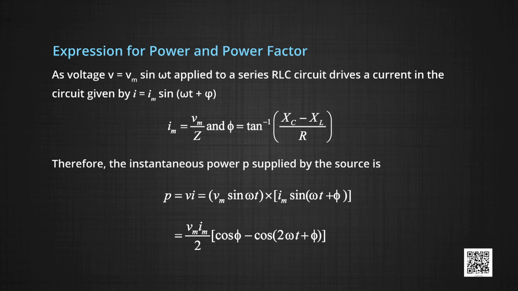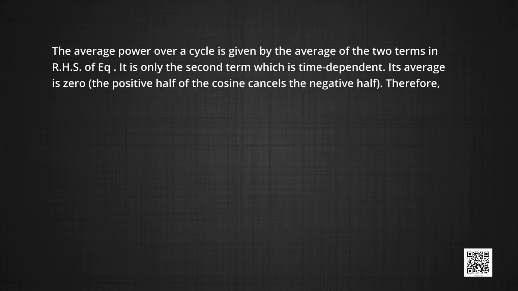That is, the average power over a cycle is given by the average of the two terms on the right hand side of the equation. It is only the second term which is time dependent. Its average is 0, that is, the positive half cycles of the cosine cancel with the negative halves.